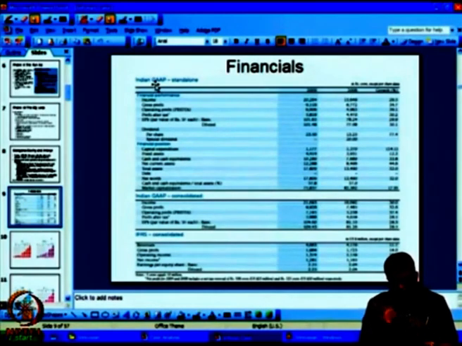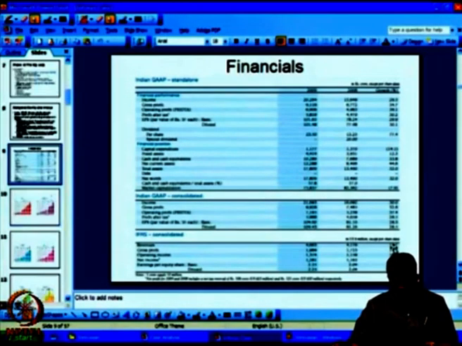So, what this slide presents to you is the financials from the Indian GAAP, that is the generally accepted accounting practices, which is from the Indian side. They give you also US dollar million, how much has the company made. So, what have these people done? They have gone up to 2009.